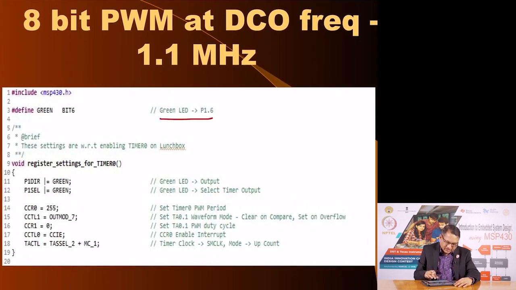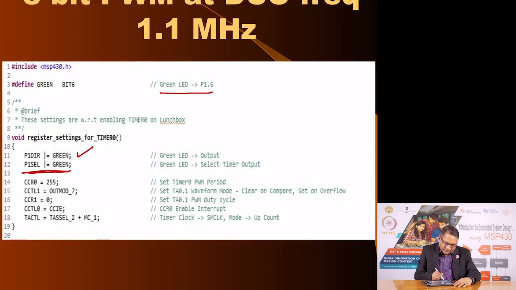These are the registers. This is a subroutine which we are going to call for timer 0. We are selecting the LED as output, and we are selecting the timer output on this, and then we are setting a value in CCR0 equal to 255, which means we are choosing an 8-bit resolution.